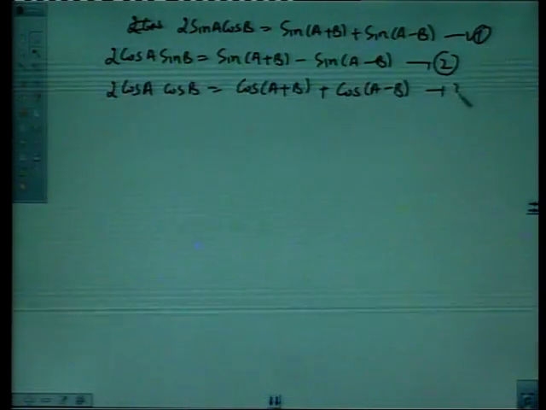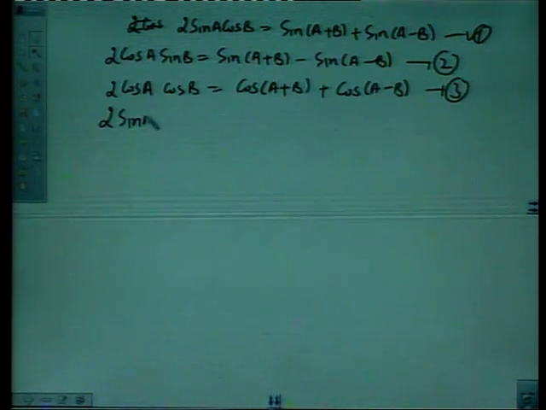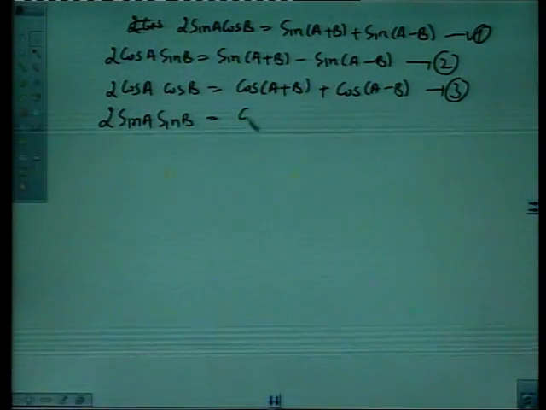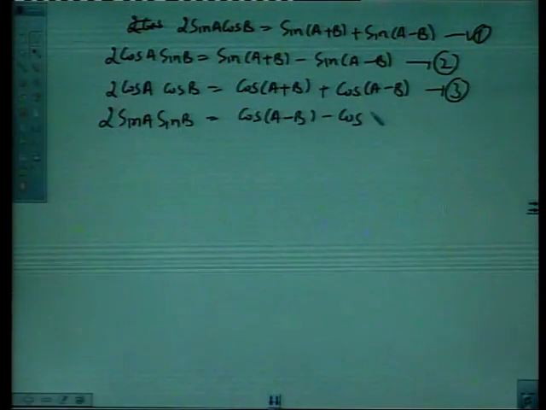One more formula we learned. The last formula was 2 sin A sin B is equal to cos(A minus B) minus cos(A plus B).